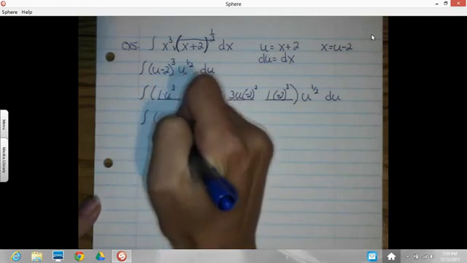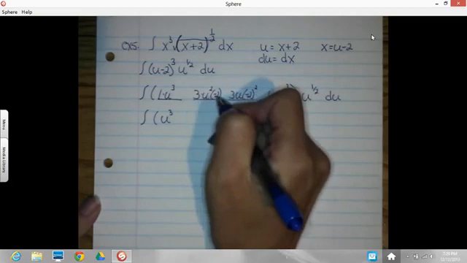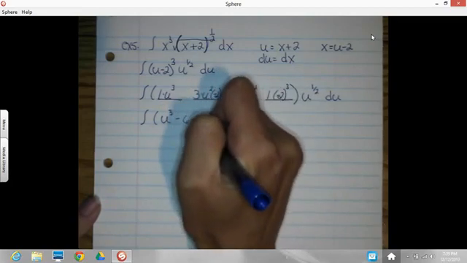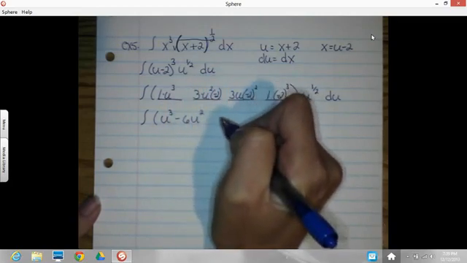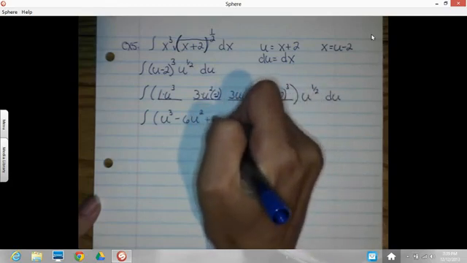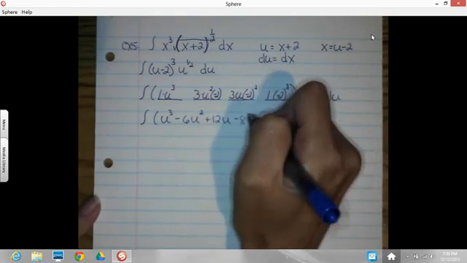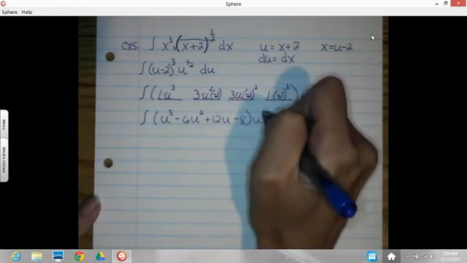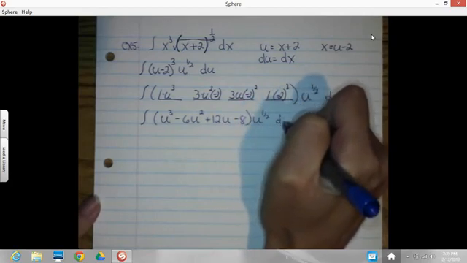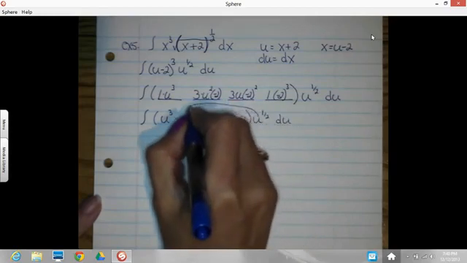This will become minus 6u squared. Here I will have 4, 12u, and then minus 8, all times u to the 1/2 du. Now distribute to the 4 baskets, and then we'll be ready to integrate. 1, 2, 3, 4.